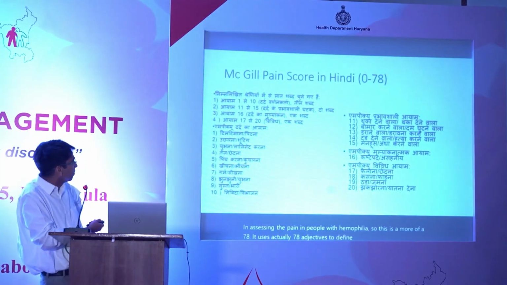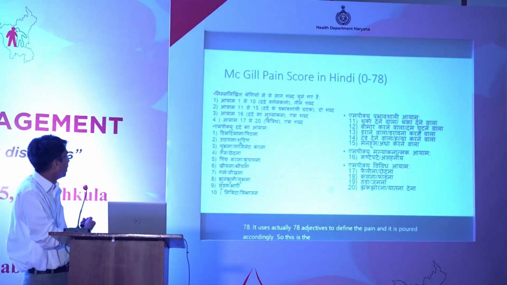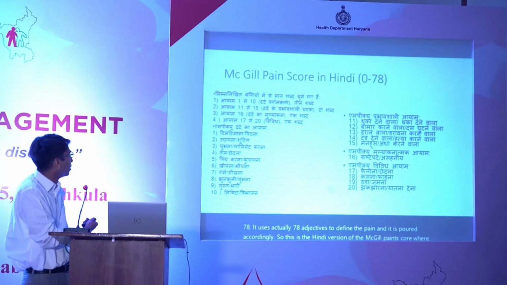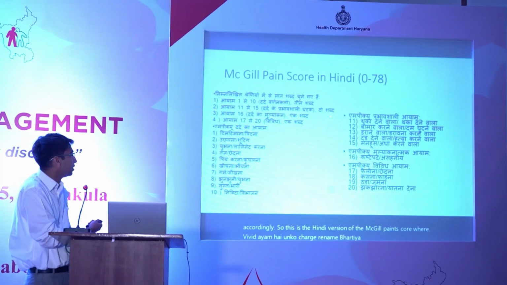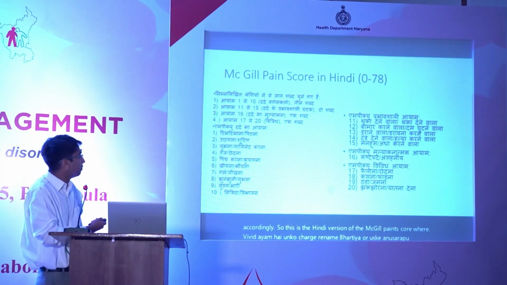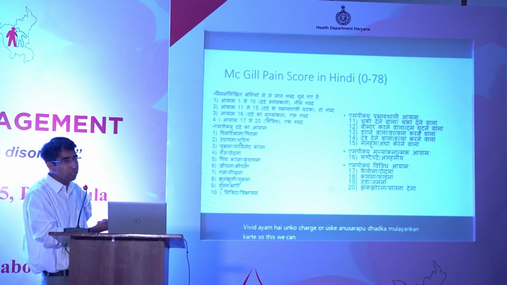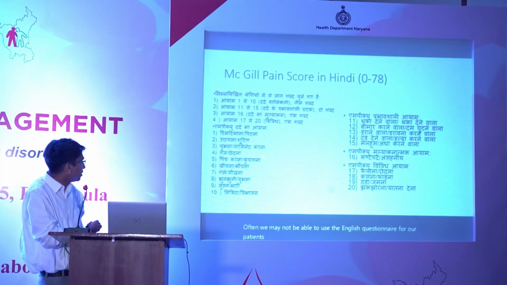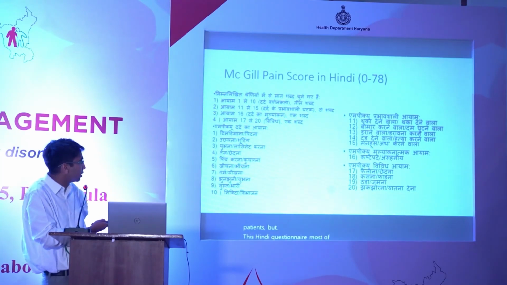So this is the हिंदी वर्जन ऑफ द मैकगिल पेन स्कोर, जो दर्द के विभिन्न आयाम हैं उनको आप 4 श्रेणियों में बांटते हैं और उसके अनुसार आप दर्द का मूल्यांकन करते हैं. We often may not be able to use the English questionnaire for our patients, but this Hindi questionnaire most of our patients will be able to respond to.